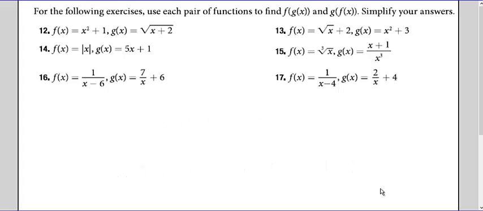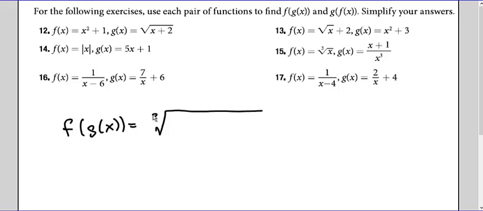Okay, 15. f of g of x. So f of x is the cube root of x, but x is going to be x plus 1 over x cubed.